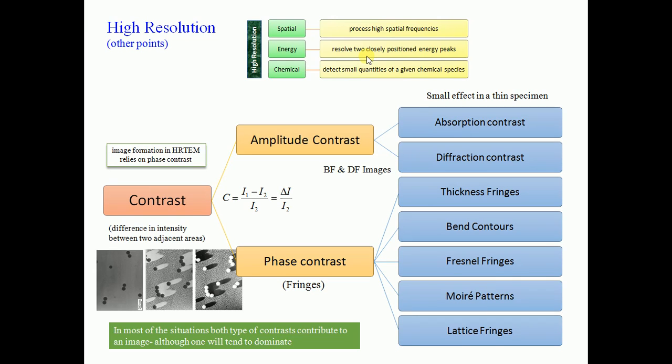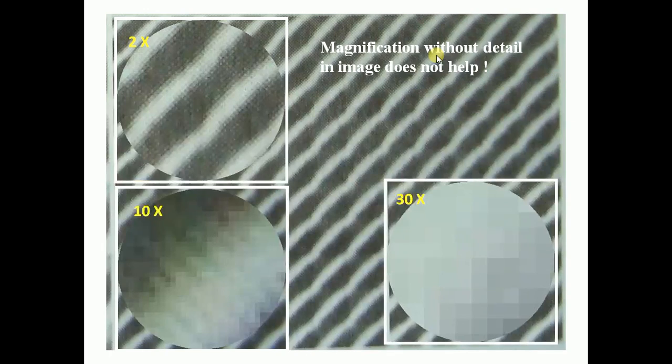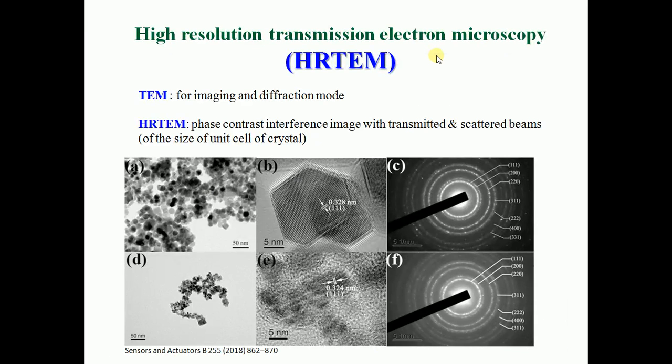So when I say high resolution, I mean high spatial resolution, high energy resolution, and high chemical resolution. High chemical means we need to detect small quantities of a given chemical species. We need to resolve closely positioned energy levels. Such aspects we talk about in high resolution transmission electron microscopy, and this is used in imaging and diffraction modes.